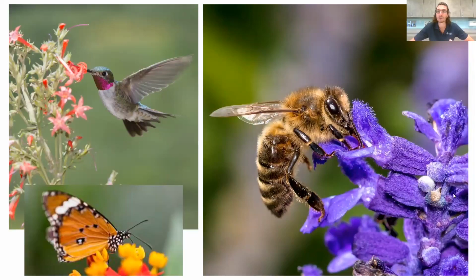And when that pollen is transferred and the male and female reproductive structures come together, that's when that seed will become fertilized. And at that point, again, remember, the embryo can start developing inside the seed. And that's how plants reproduce. So pollinators are very, very important to plants.